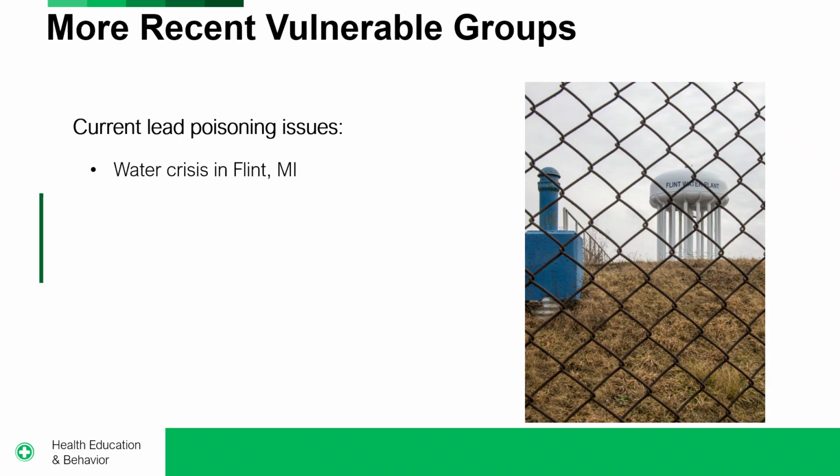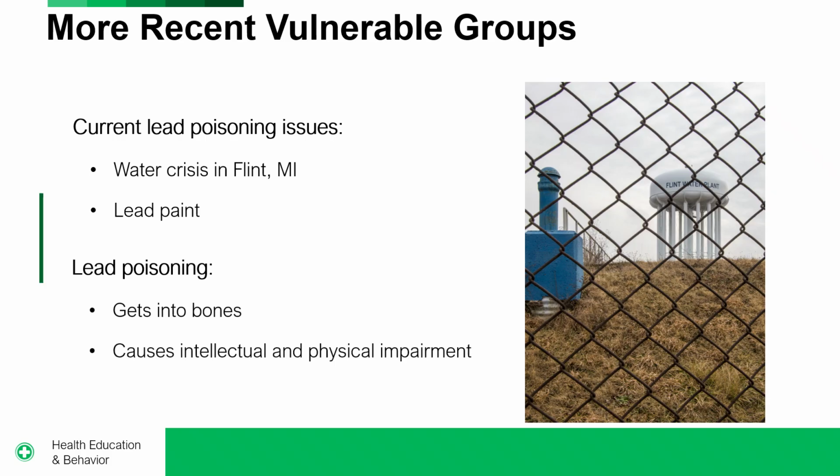For example, the water crisis in Flint, Michigan, and lead paint and lead in other water supplies across the country. This is a concern because with lead poisoning, the lead gets into the bones and can also cause intellectual and physical impairment because lead also crosses the blood brain barrier.